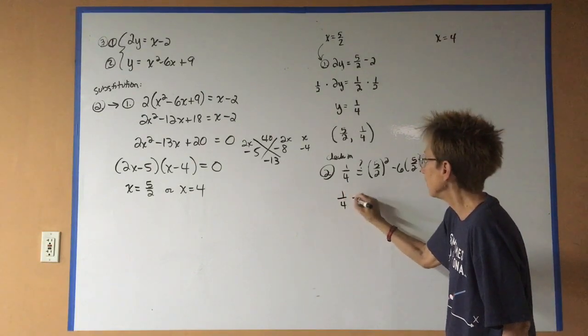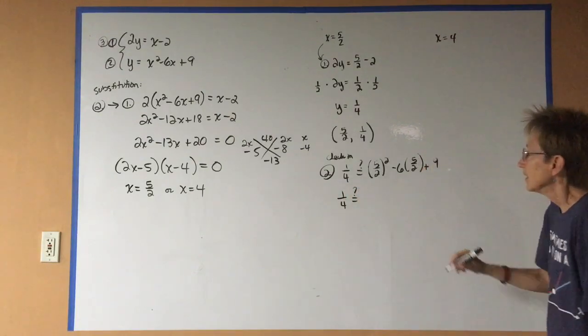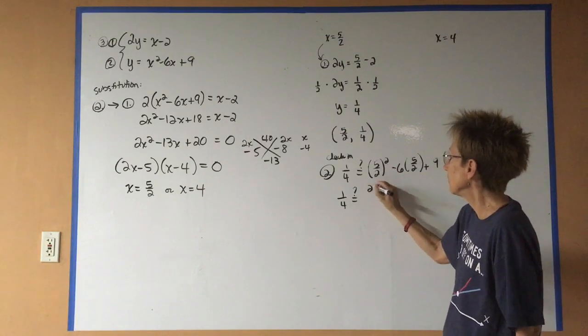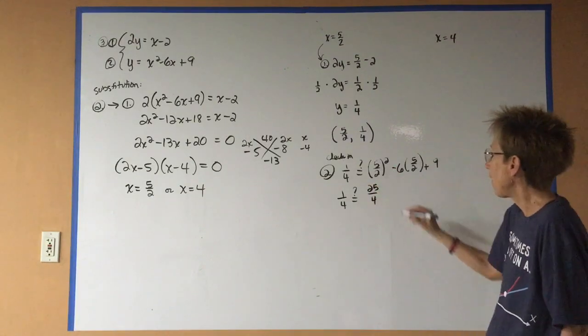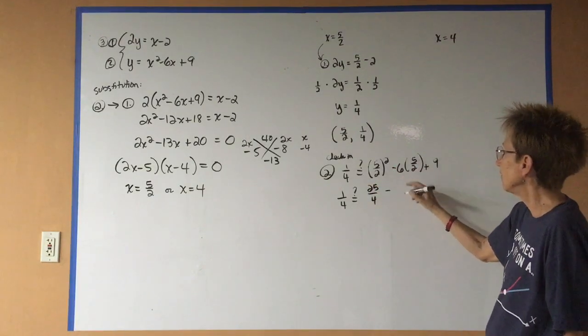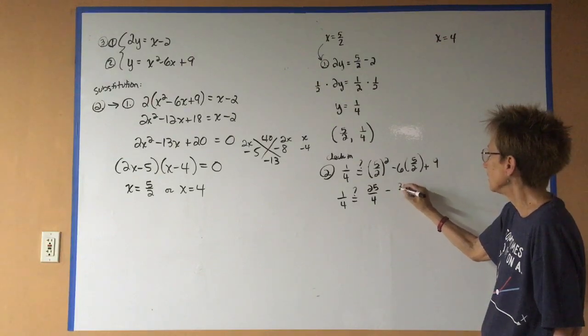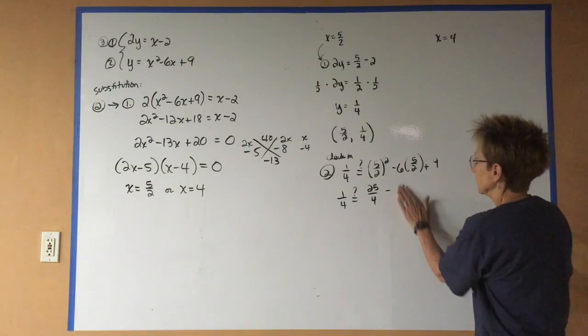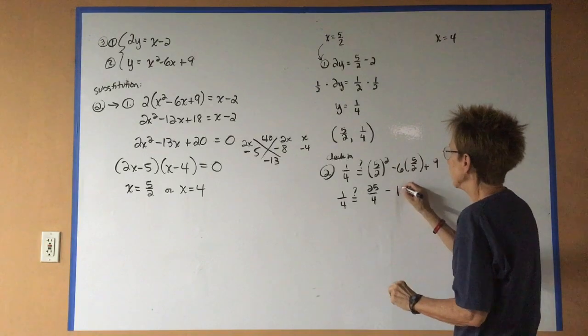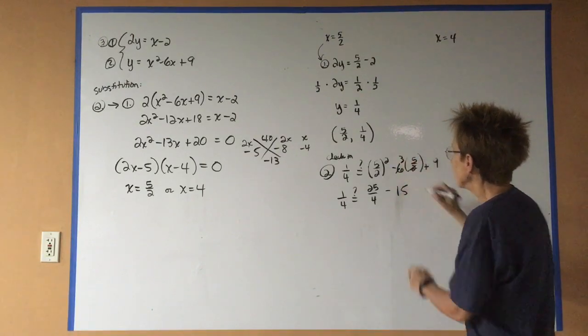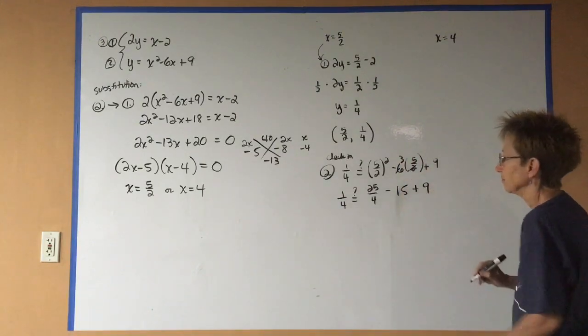So is 1/4 equal to, let's see, 5/2 squared would be 25 over 4. Minus 6 times 5/2 would be minus 30 over 2, which would be minus 15, right? This cancels. So I get minus 15 plus 9.